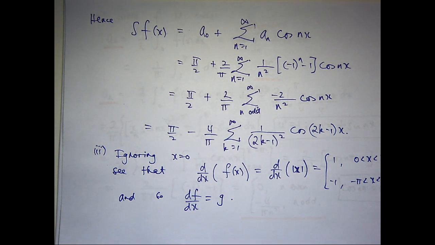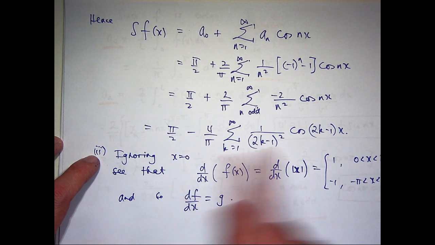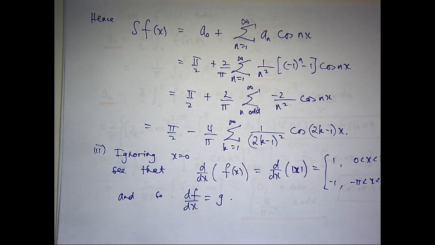So the derivative of our function f is just our new function g. All right. Well, assuming we can differentiate here, let's differentiate and form the Fourier series for little g.